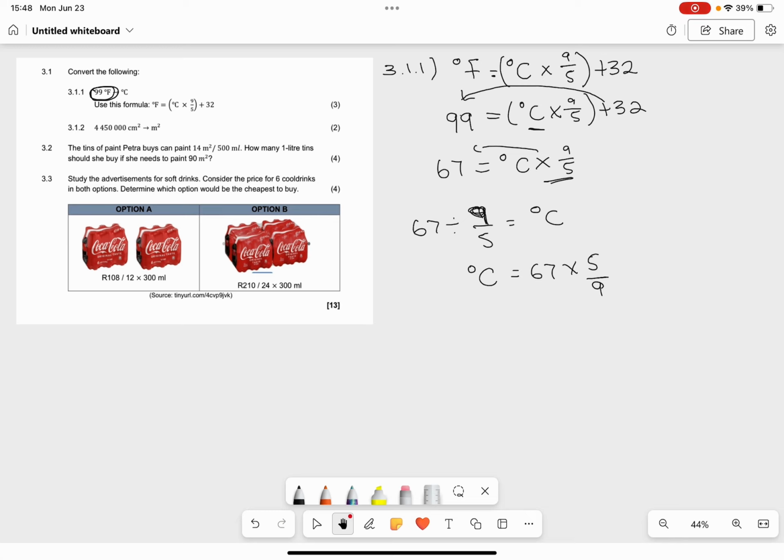If I can find my calculator, that would be amazing. So you say 67 times 5/9. That will be 37,22 degrees Celsius. Okay, easy as pie.